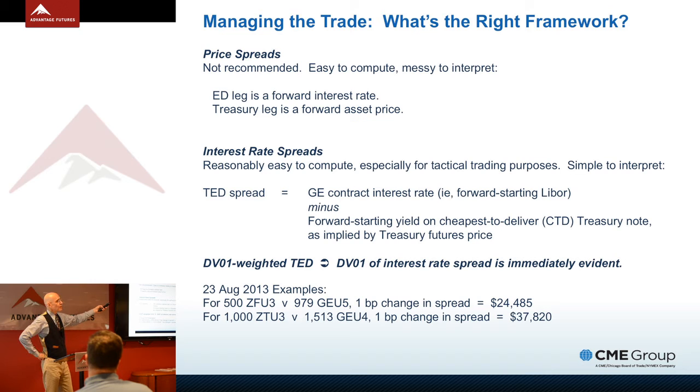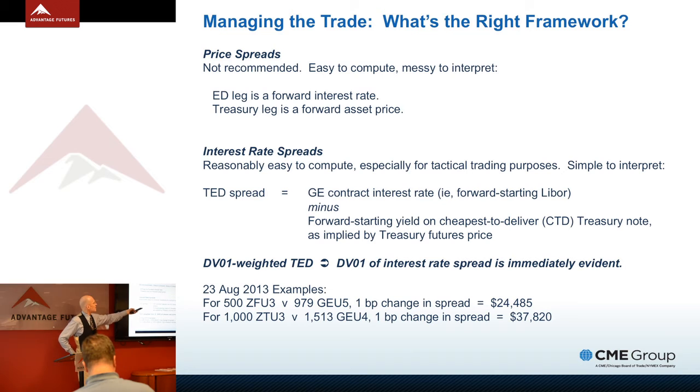With a little bit more work, only a little bit more, and it's worth the effort, a sensible thing to do is to translate the Treasury futures leg into the yield equivalent. Then you have a euro-dollar rate that you can back out of the euro-dollar future. You have a treasury yield that you've backed out of the treasury future. You've got a yield spread.